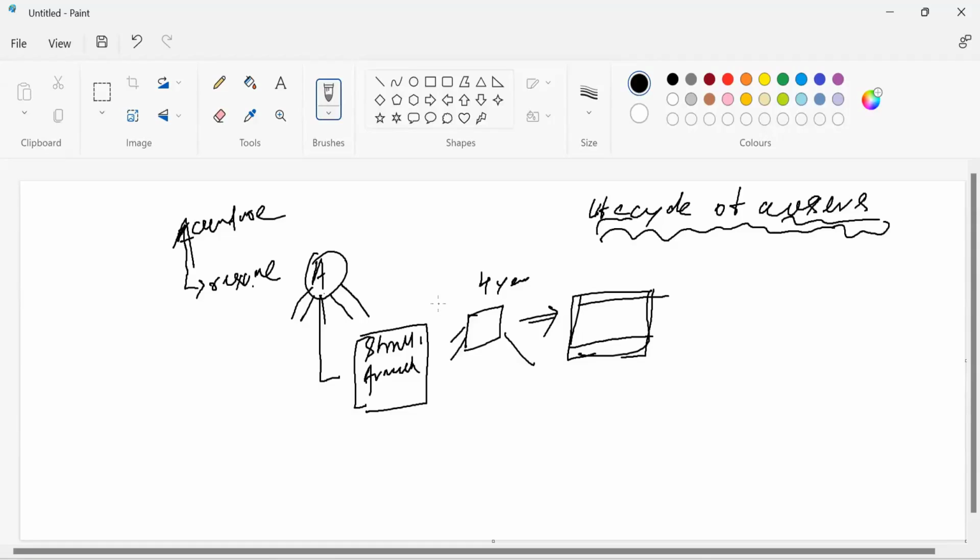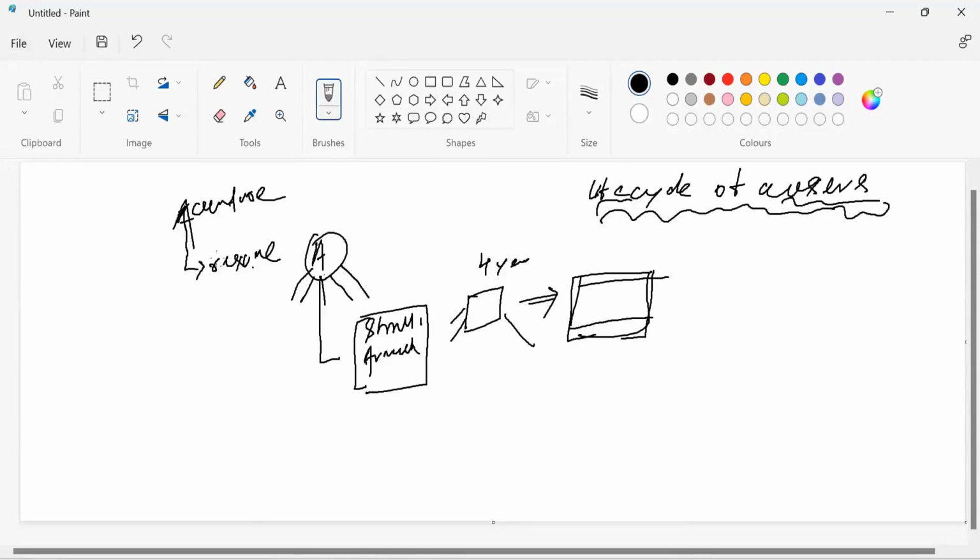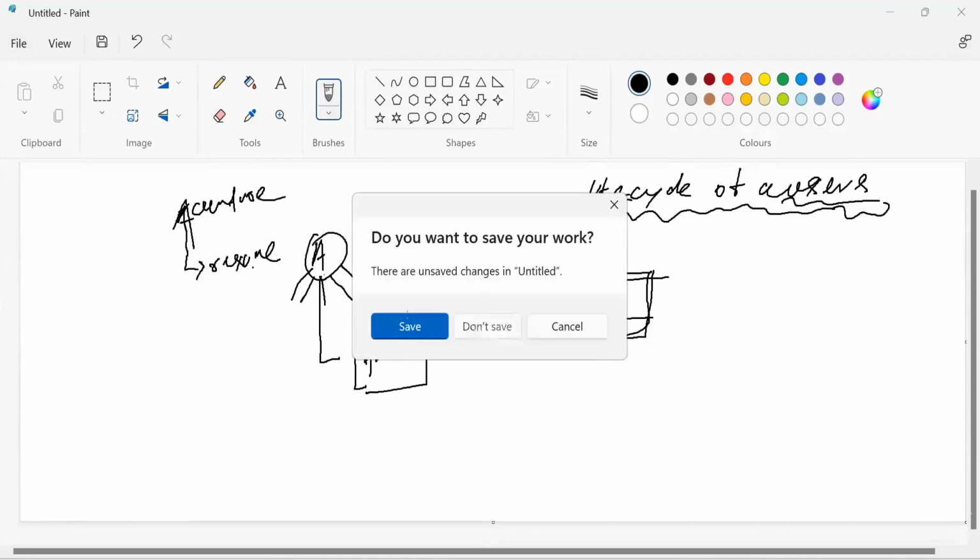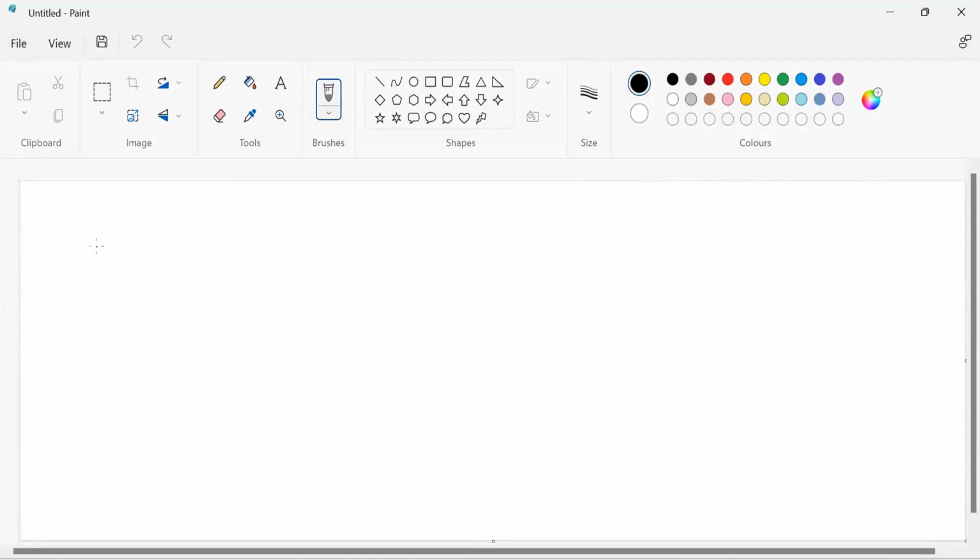Keep this point in mind. Just assume this Accenture company got a good project. Let's say the project name is Xerox.